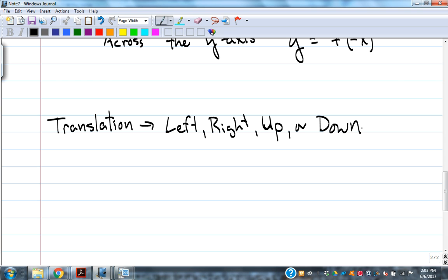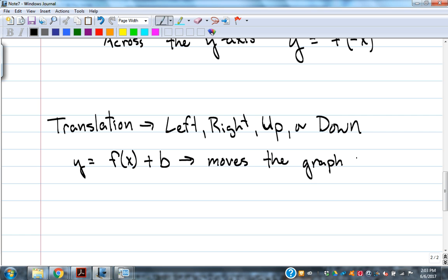If we take the original function and we add or subtract a number on the outside, let's call it the letter b, that moves the graph vertically b units.